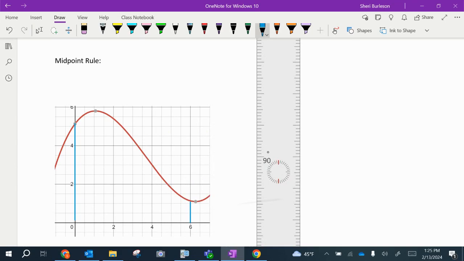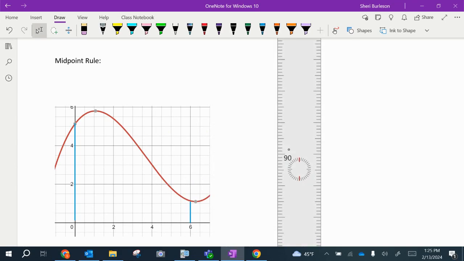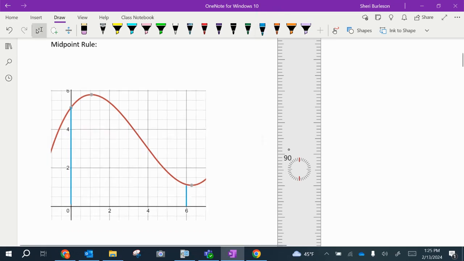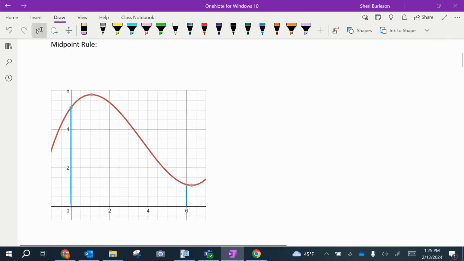So we'll go over that interval. 1, 2, 3, 4, 5, 6. I'll count by ones. That makes sense. So my delta x is going to be my interval from 0 to 6, and let's divide it into 6 subgroups. So my delta x is going to be 1.